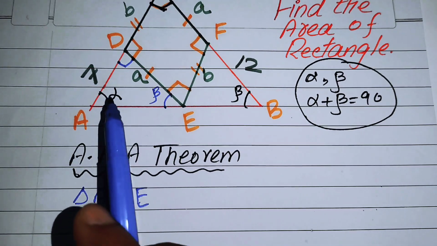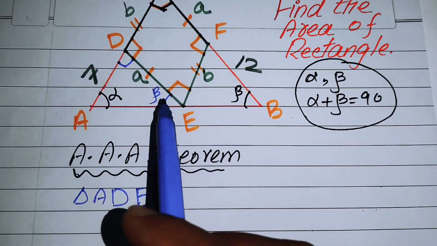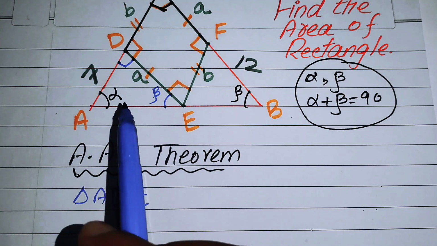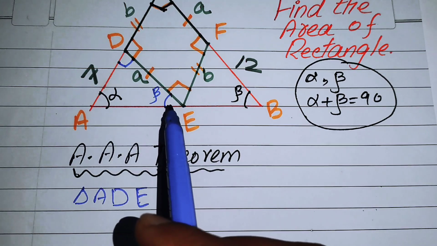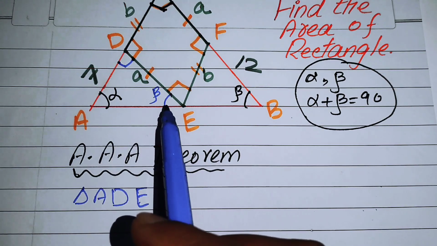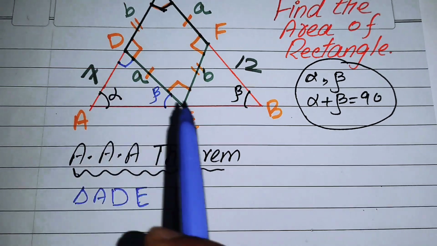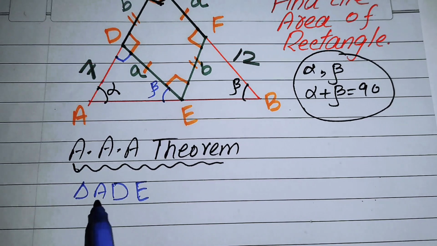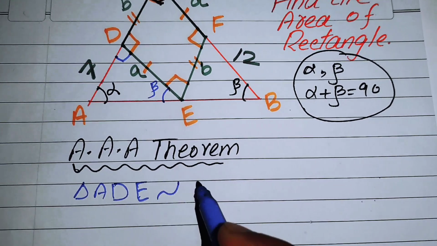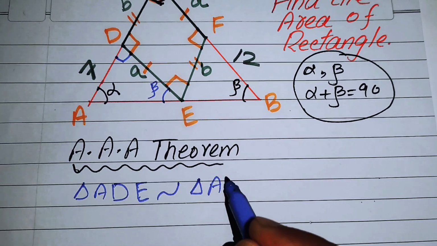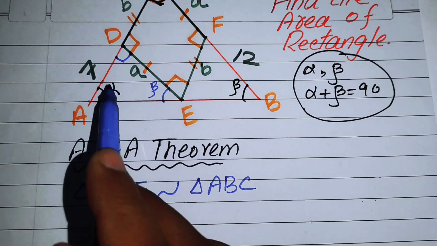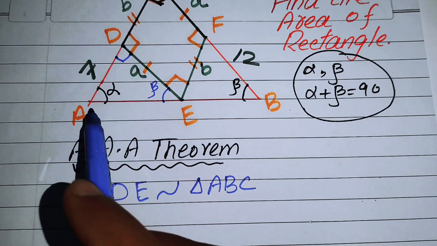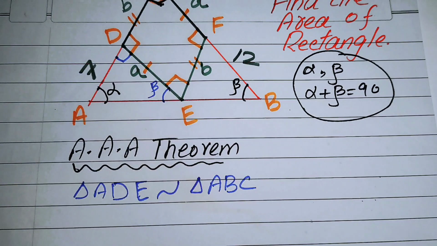So alpha and beta are the complementary angles of triangle ADE. So triangle ADE is similar to triangle ABC. This small triangle is similar to the big triangle ABC.